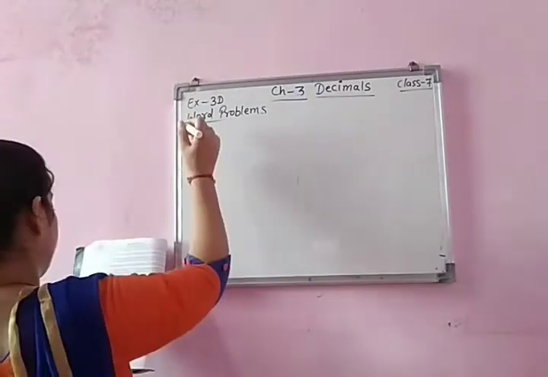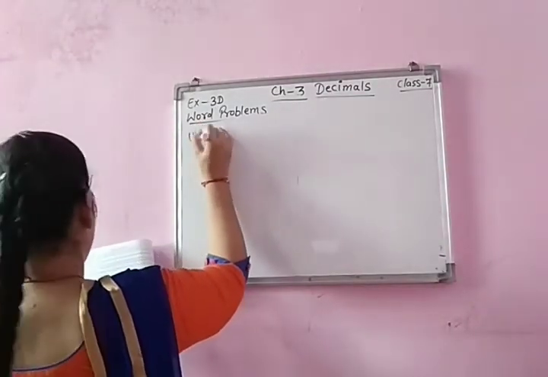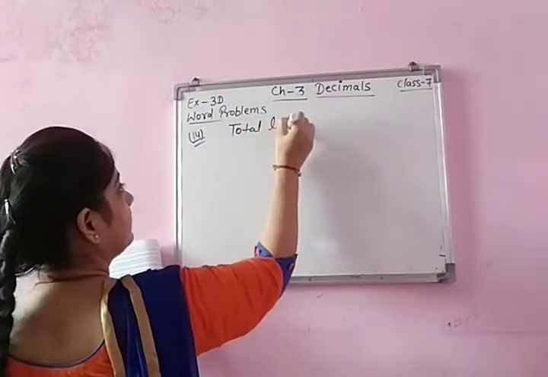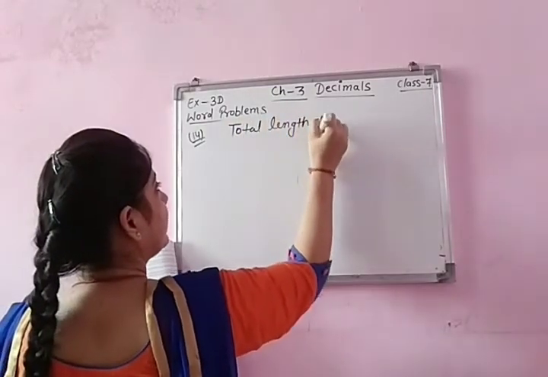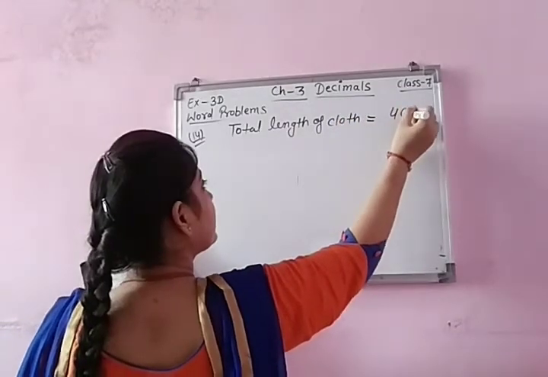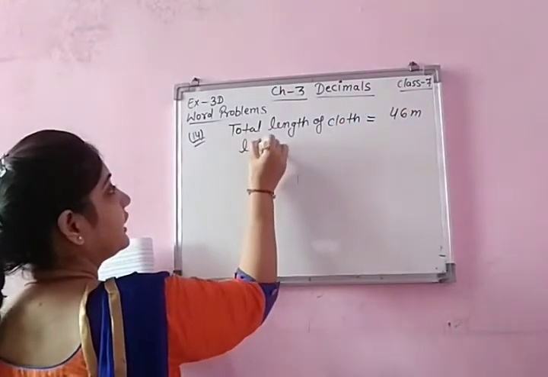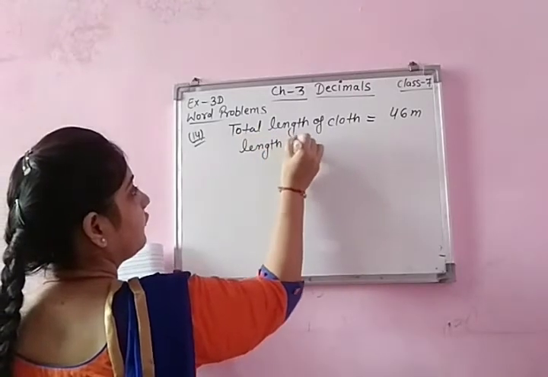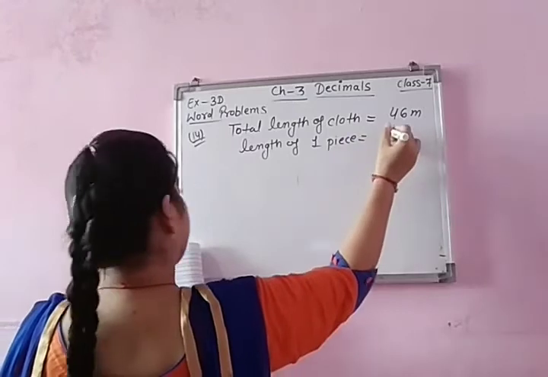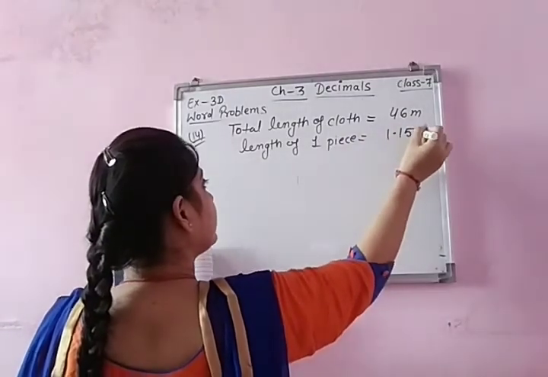So what we know in this question, total length of cloth we know. First thing, total length of cloth, it is 46 meter, and when she cut the length of one piece, it is 1.15 meter.